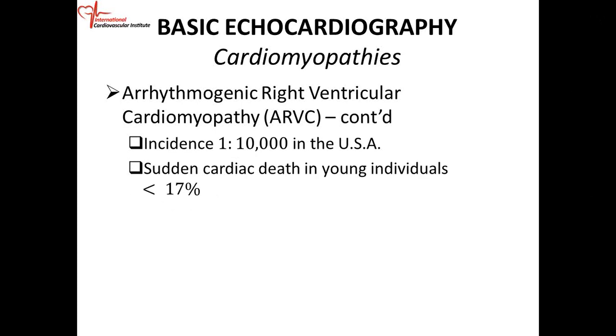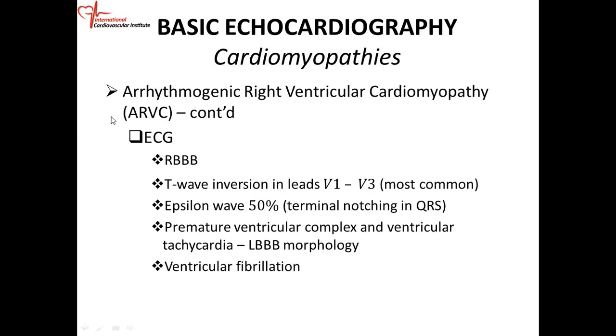Okay, so arrhythmogenic right ventricular cardiomyopathy occurs in about 1 in 10,000 of the US population. It commonly results in sudden cardiac death in young individuals. So someone who is young dying suddenly, this is one of the differential diagnoses. Your ECG can sometimes tip you off that you're dealing with arrhythmogenic right ventricular cardiomyopathy, ARVC.